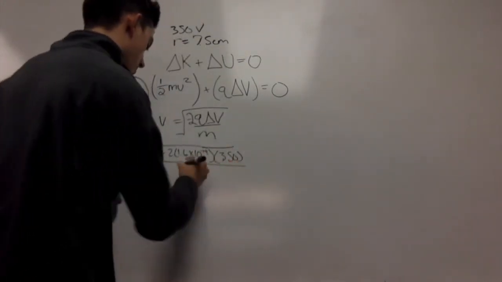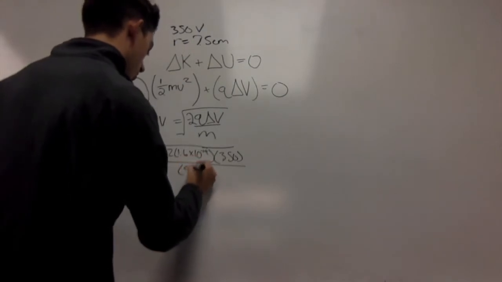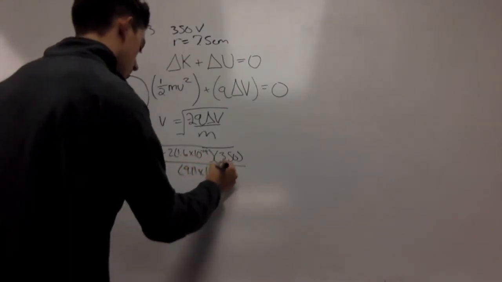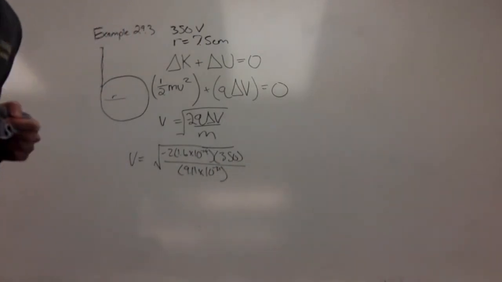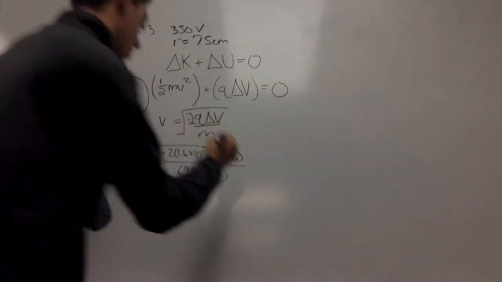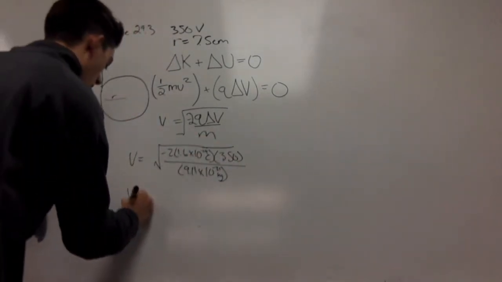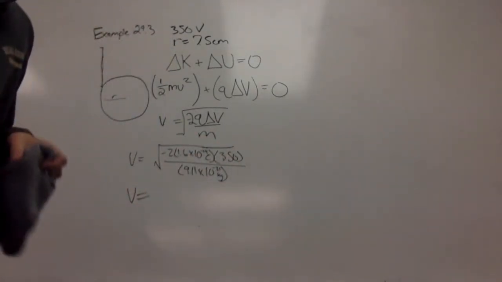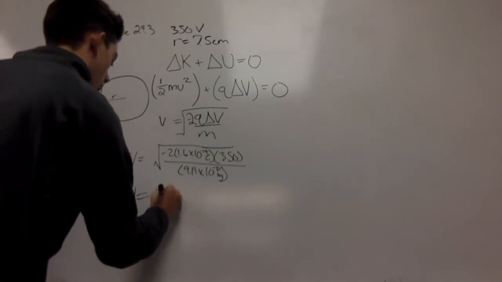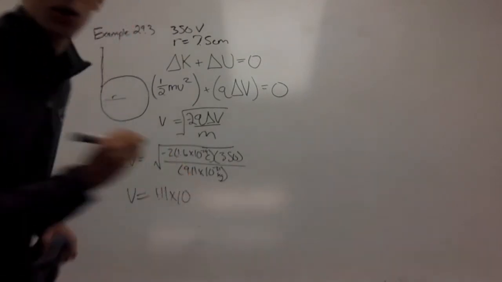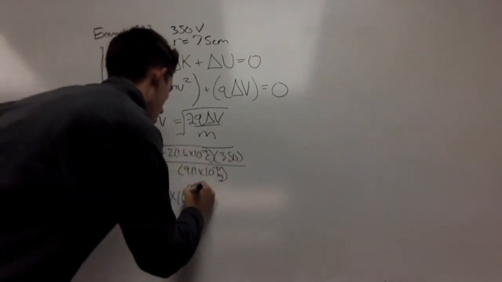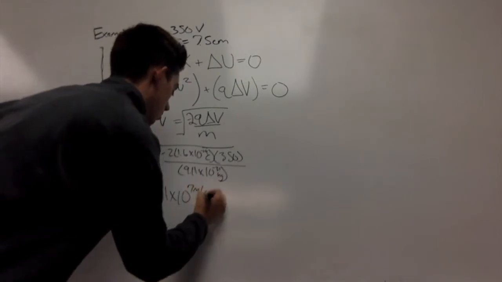And we know the mass of an electron to be 9.11 times 10 to the minus 31 kilograms. If you type that all into your calculator, you should get 1.11 times 10 to the 7 meters per second.